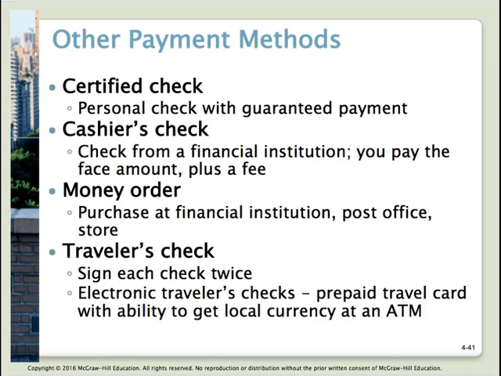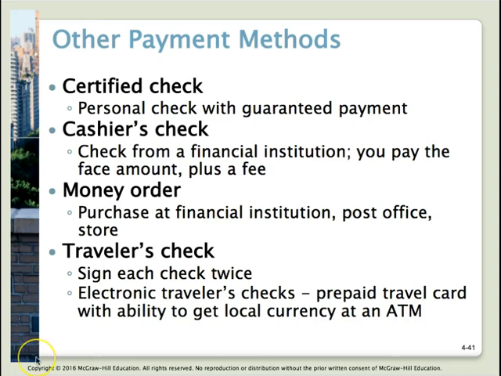So you pay the base amount plus a fee, and then sometimes places that you do business with require a cashier's check. There's the money order, which you purchase at the financial institution, and post offices also sell those. Sometimes stores sell those, and it's a payment device purchased from the financial institution. It works a lot like a cashier's check.